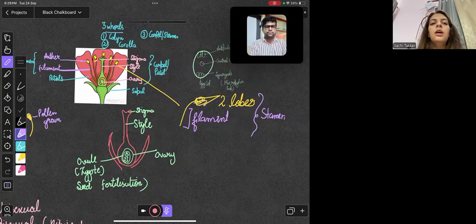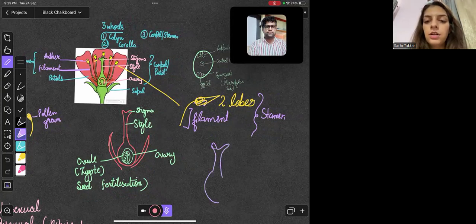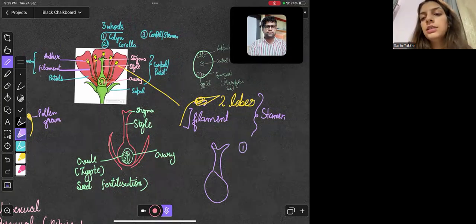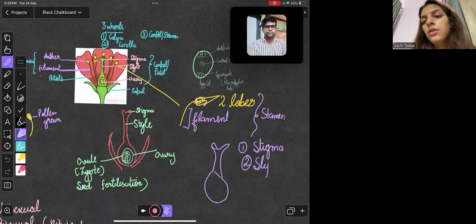And then the female reproductive part, when we zoom in, as you can see, this is the ovary. The female reproductive part is divided into stigma, style, and ovary.